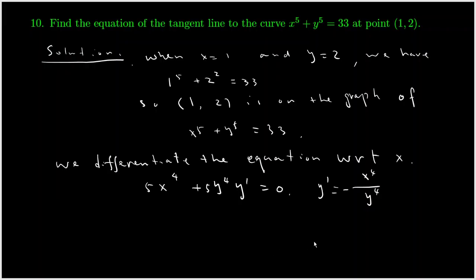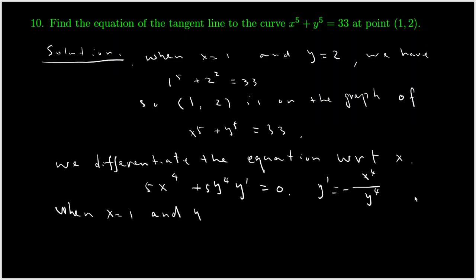How can we get the slope? We use x value of 1 and y value of 2, plugging them into this formula. When x value is 1 and y value is 2, you're going to see the number is actually very tiny.